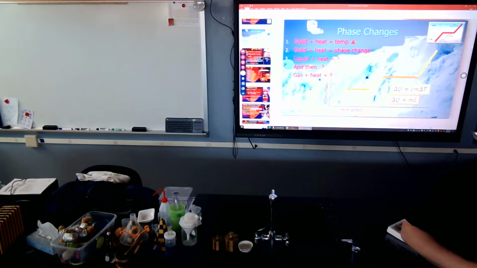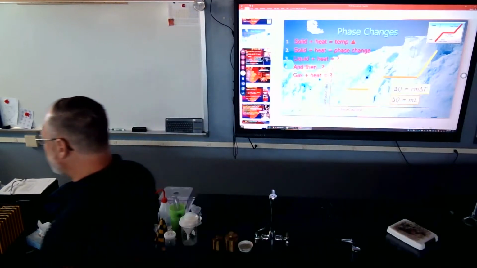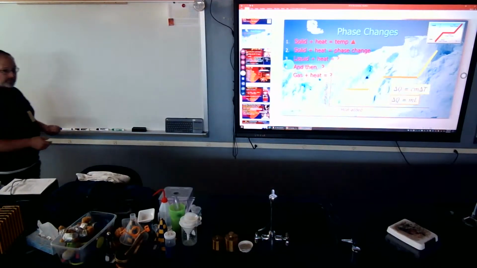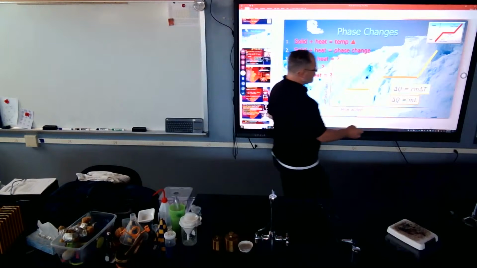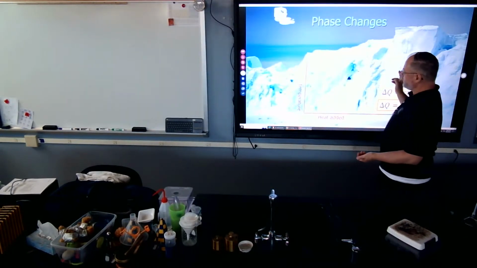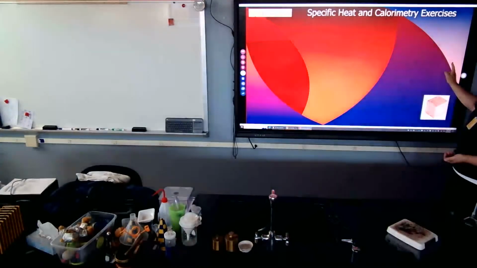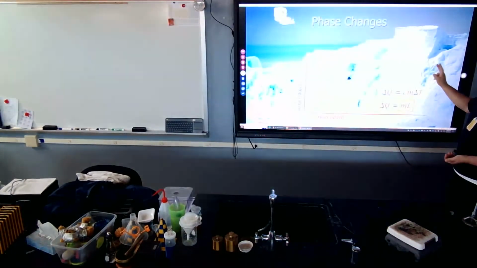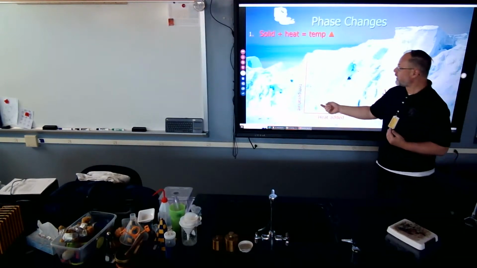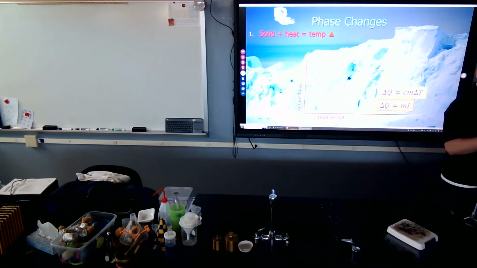And something really interesting happens. During a phase change, the temperature is constant. So we got our ice at -20. It's going to start warming up, absorbing heat from the environment.